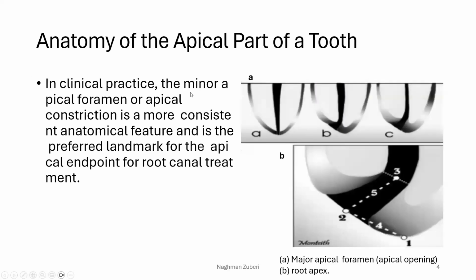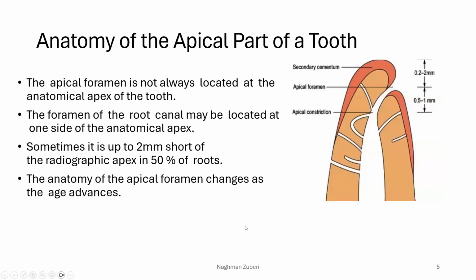In clinical practice, the minor apical foramen or apical constriction is a more consistent anatomical feature and is the preferred landmark for the apical endpoint for root canal treatment. The apical foramen is not always located at the anatomical apex of the tooth.